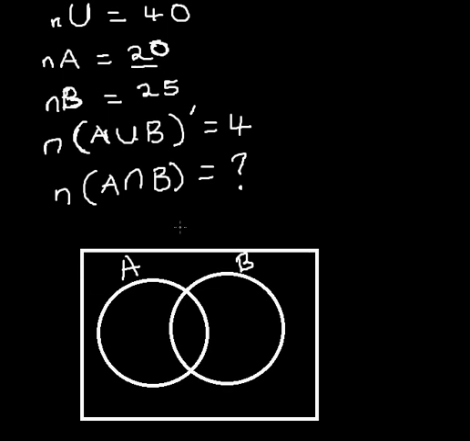Now if I want to get A only, that is A minus A intersection B.